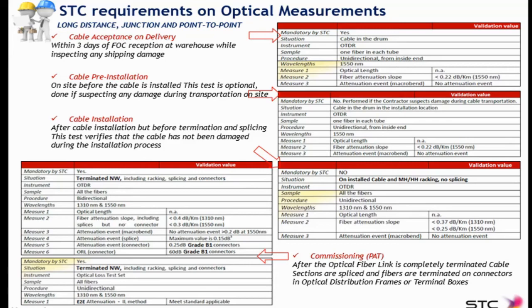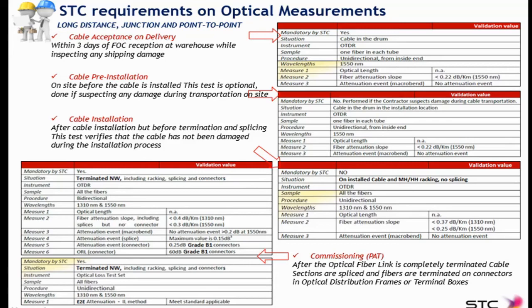Then on the splices, the maximum value allowed is 0.1 dB as an average. There may be splices with higher attenuation than this, but compensated by other splices with lower attenuation. The absolute maximum attenuation allowed for a splice is 0.15 dB.